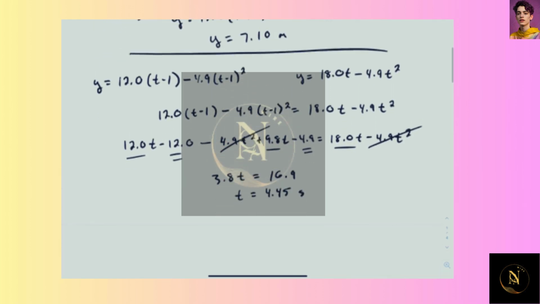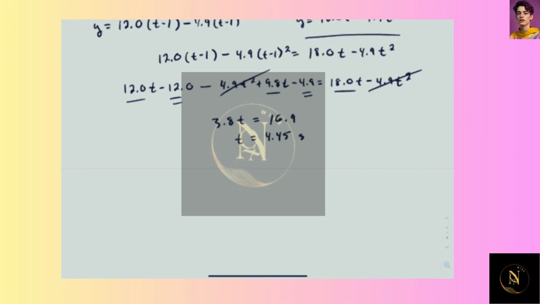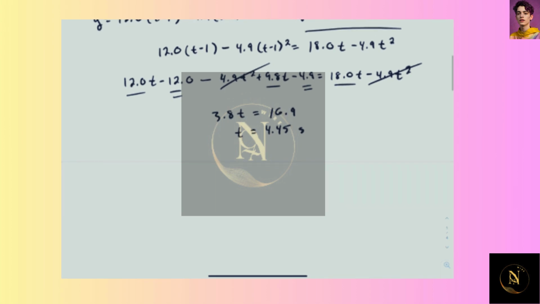However, if I plug into this one this time because it makes it easier, the height at which they collide is 18 times 4.45 minus 4.9 times 4.45 squared, then I actually get that the height they collide is a negative number.